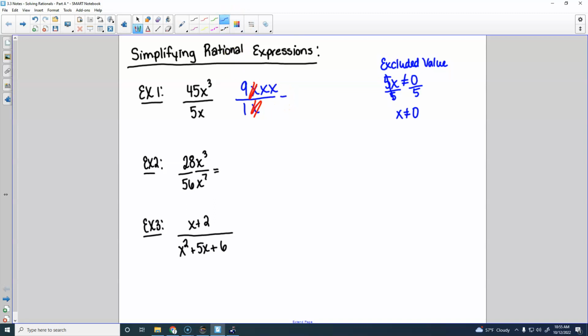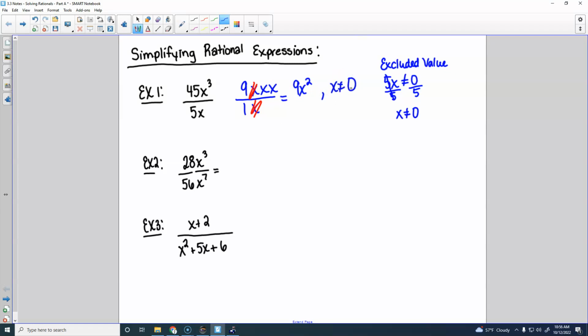So this is going to be 9x squared. I could put it over 1 if I want to, but that makes me look like I don't know what I'm doing, right? Because something divided by 1 just equals whatever that something is. So 9x squared, but x cannot equal 0.